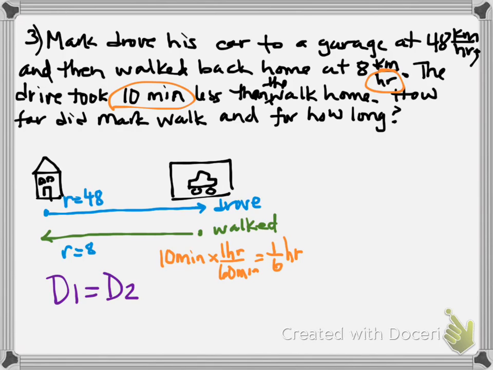All right, now that I have that piece, I can go and deal with time. So it says the drive took 10 minutes less than the walk home. So according to this, the walk home's time was x, and the drive was going to be 10 minutes less, or x minus 1/6. Okay? So I'm going to go ahead and do my chart. We have drove, walked.